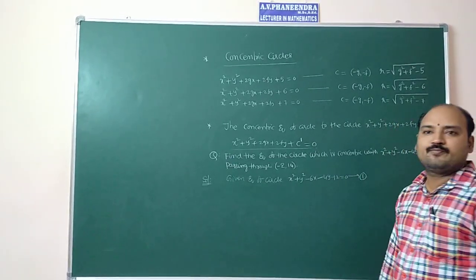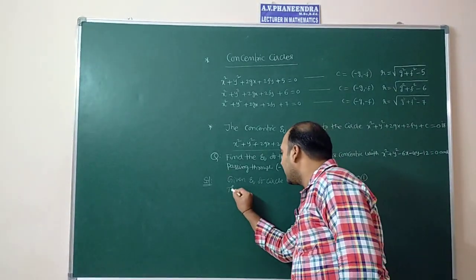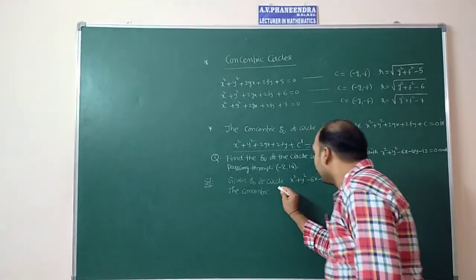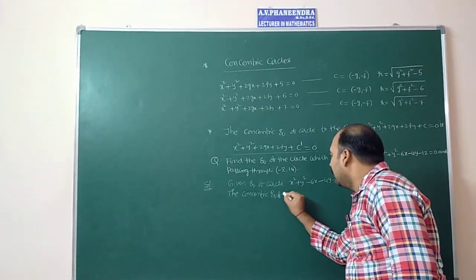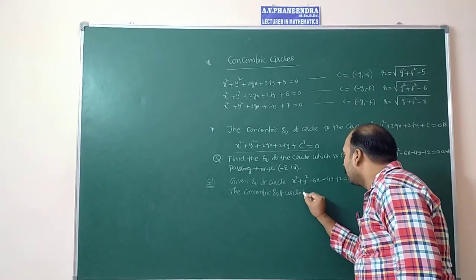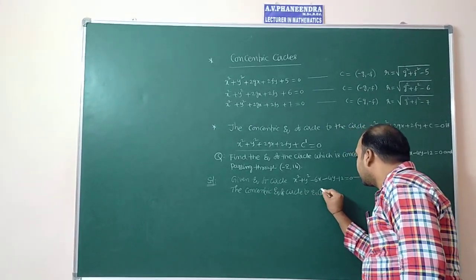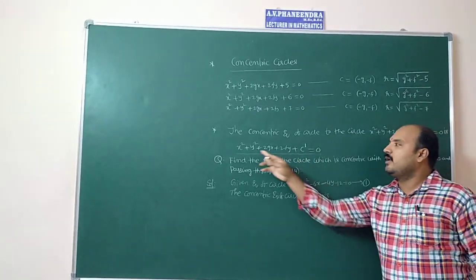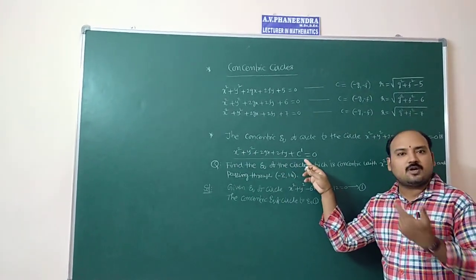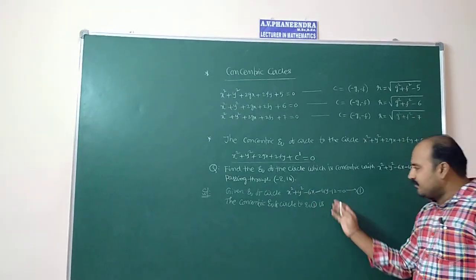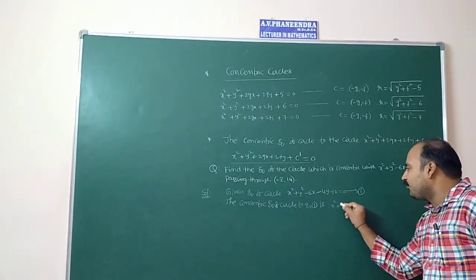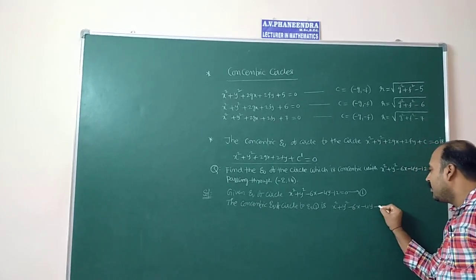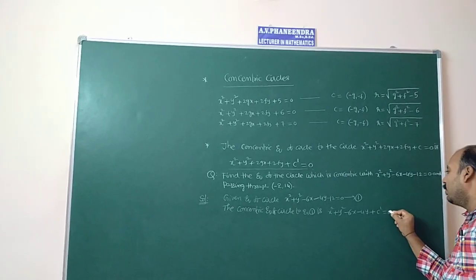Equation number 1. The concentric equation of circle to equation 1: for the general equation of circle, all are the same terms except the last constant. So here also you have to do the same thing: x square plus y square minus 6x minus 4y plus c dash equal to 0.